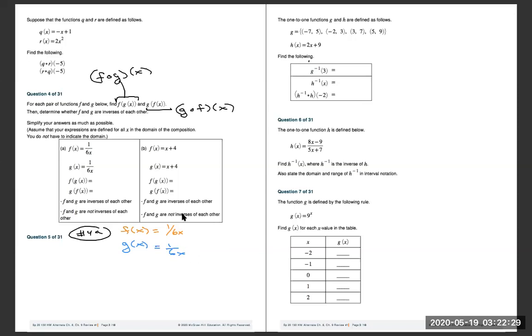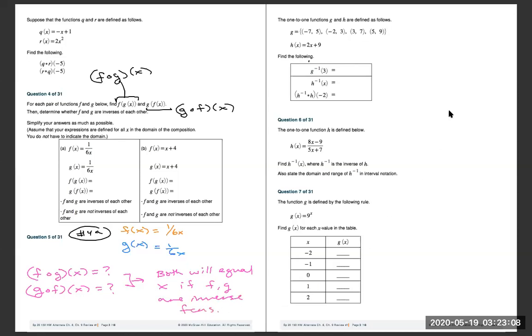So then the first thing we're going to want to do is find f composite g of x, and then find g composite f of x. If they're inverses, they should both be equal to x. So we'll do it over here on this side.